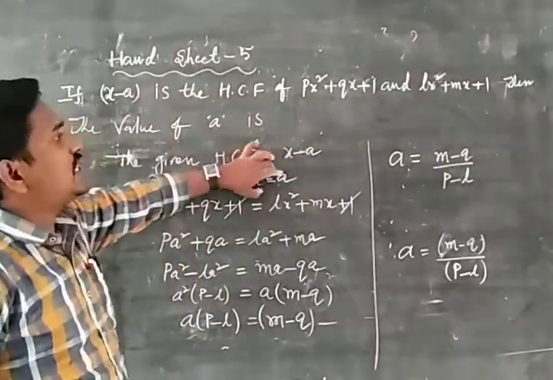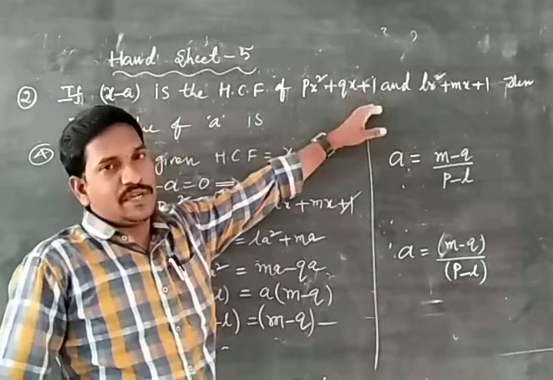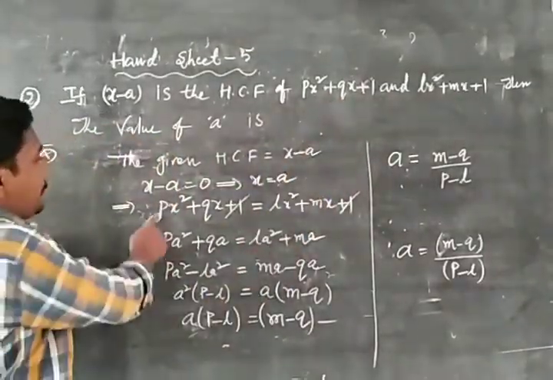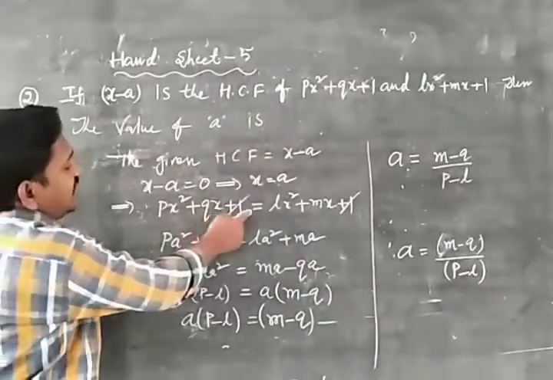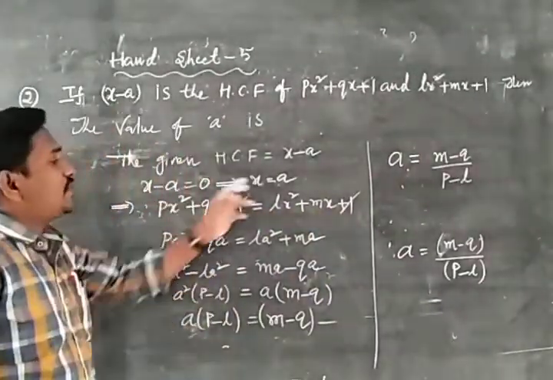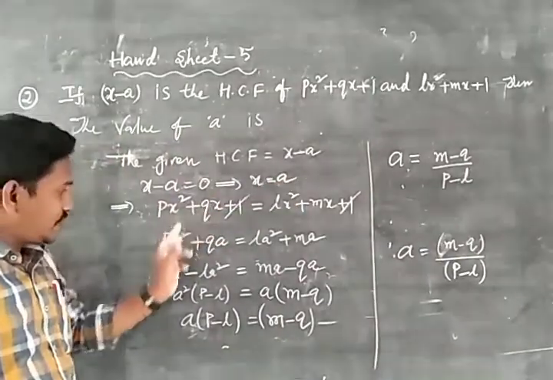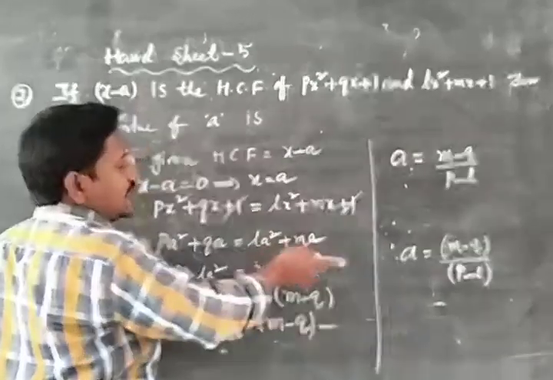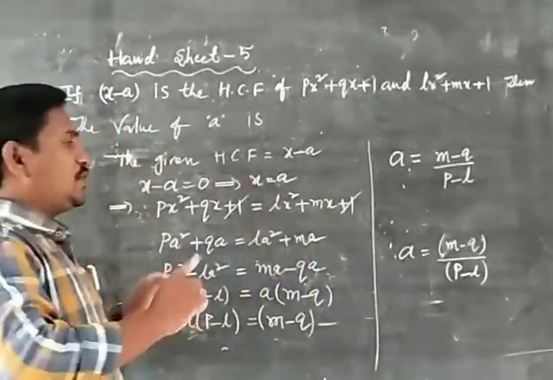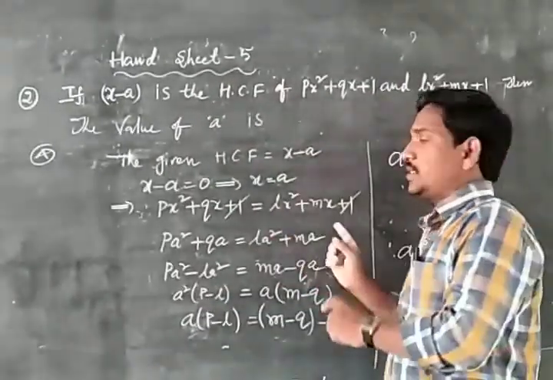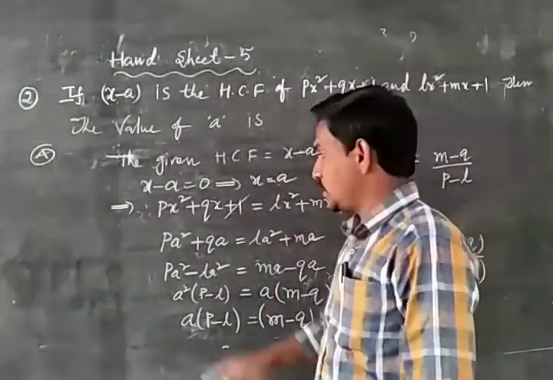The x value should satisfy the given expressions, so we equate both expressions: px square plus qx plus 1 equal to lx square plus mx plus 1. In the place of x we substitute a. After substituting, plus 1 is the same sign on both LHS and RHS, so plus 1 cancels on both sides.